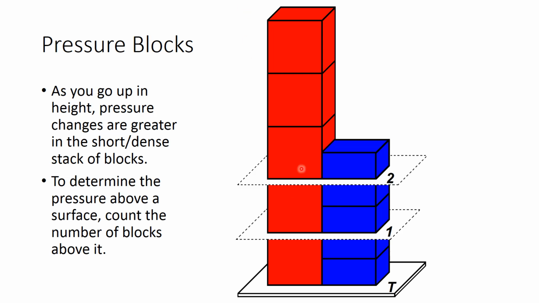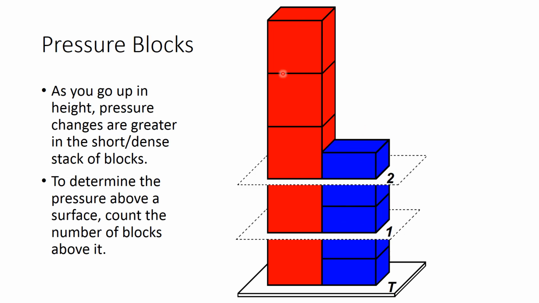Basically, the idea here is that as you're traveling up in the atmosphere, the pressure differences become greater between these two stacks. And again, the reason why is because the red stack is taller, the blue stack is shorter. And then if you went up here to pressure level 2 or to surface number 2, that difference becomes even greater.